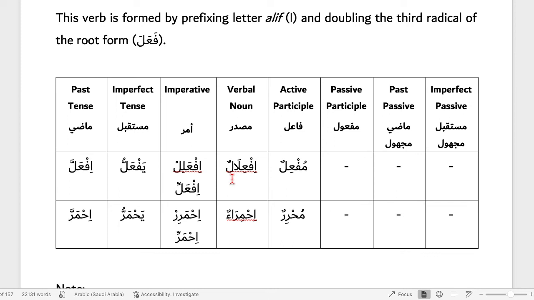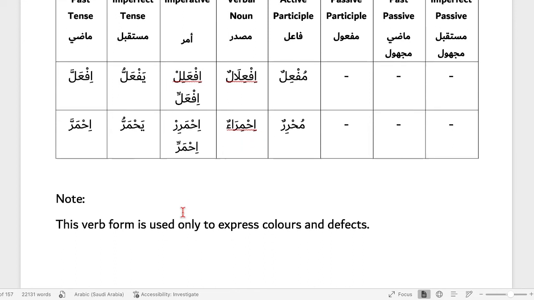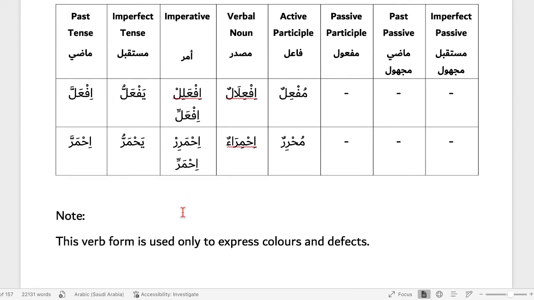Masdar is if'ilalun and fa'il is muf'illun. Here is an example. Ikhmarra, yakhmarru, ikhmarir or ikhmarri, ikhmiraun, mukhmirrun. This verb is not quite frequently used, it is only used to express colors and defects.